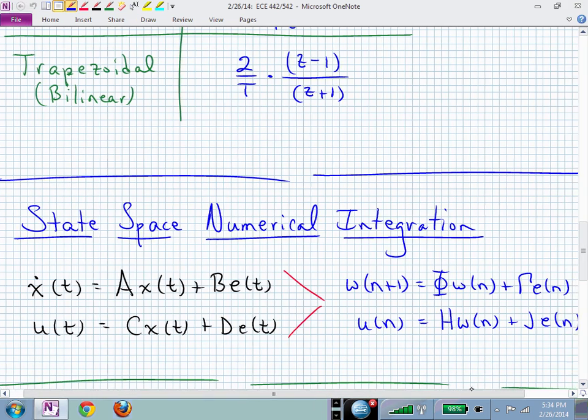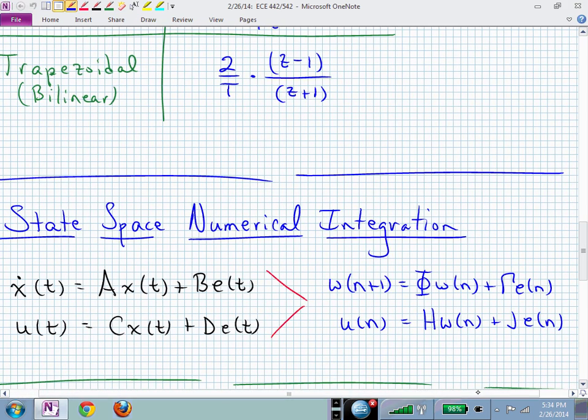If we wanted to do the same discrete equivalence in the state space form, how do we go from, and now you might notice the way that I'm labeling inputs and outputs. Now my input you could think of as an error signal, and your output is maybe the input to a plant. So the output is this u of this representation. We now have x dot equals Ax plus Be, u equals Cx plus De. We want to convert that into a discrete time state space form.